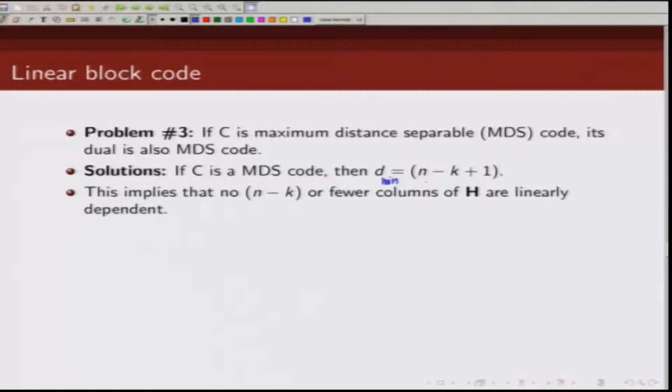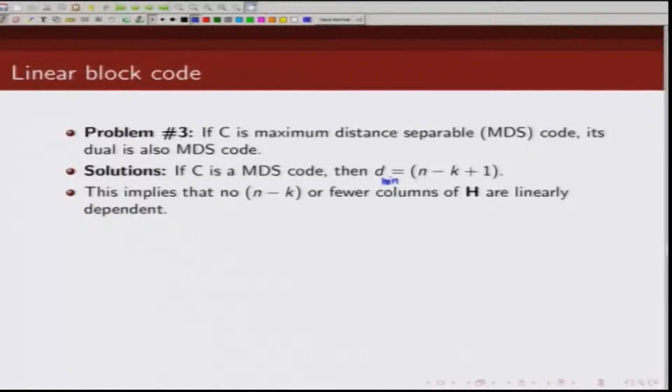If you recall, the minimum number of columns of this parity check matrix which are linearly dependent can be found out by adding up the columns of the parity check matrix; the minimum number of columns that add up to 0 is the minimum distance of the code.